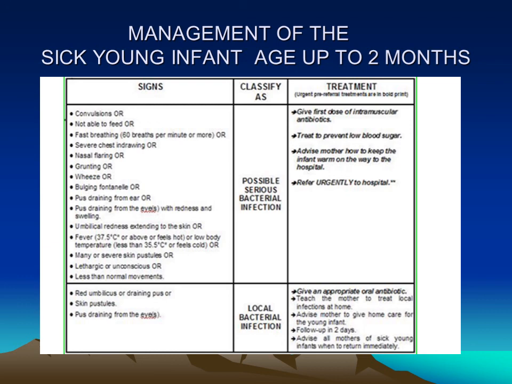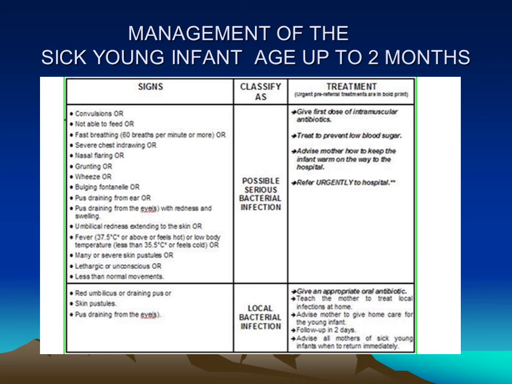Another classification is called local bacterial infection. If the baby has a red umbilicus or draining pus, skin pustules, or pus draining from the eyes, we classify it as local bacterial infection.